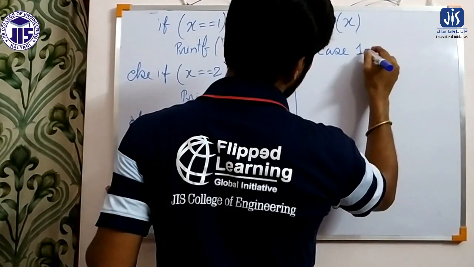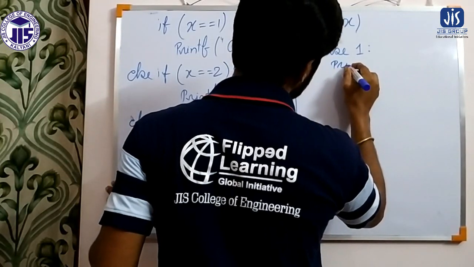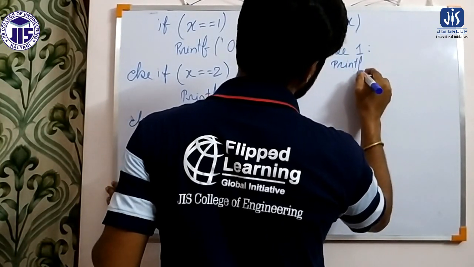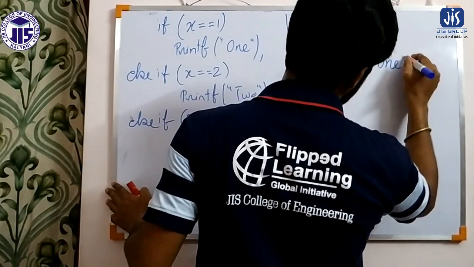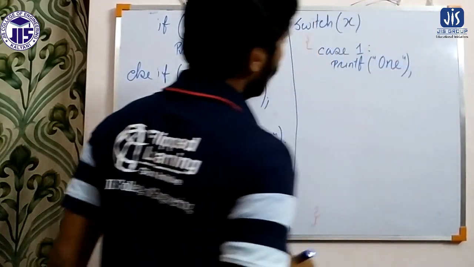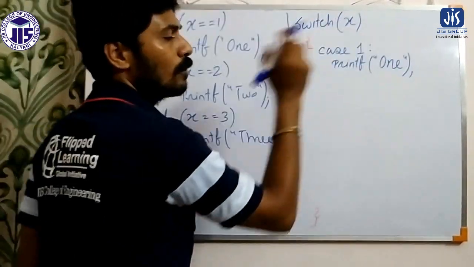Here we write case 1, then we provide a colon, printf 1. Which means if the value of x is 1, it will print 1.